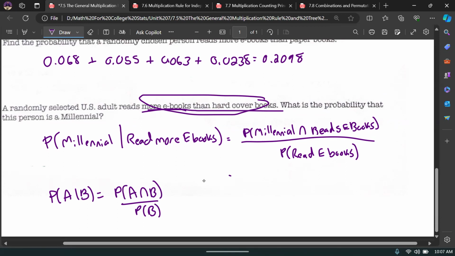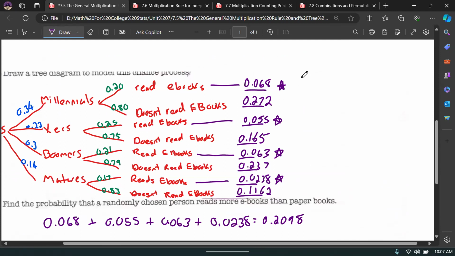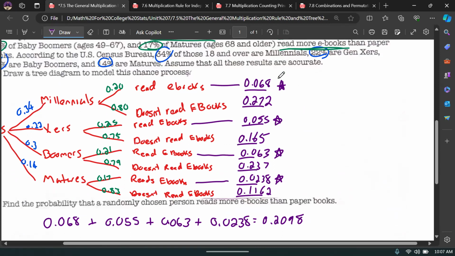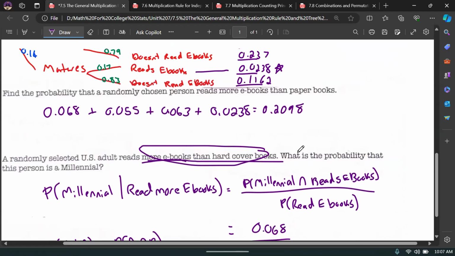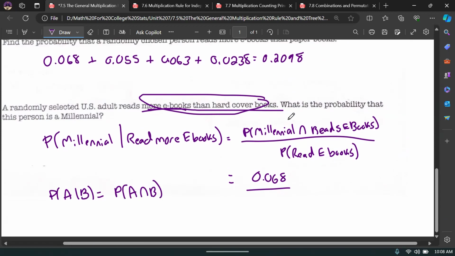Now, millennial and reads ebooks, we've already done the math there. Millennial and reads ebooks is 0.068 out of the probability that reads ebooks. Well, we just found that number in the last part, 0.2098.